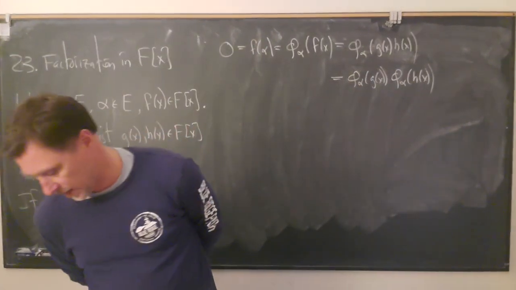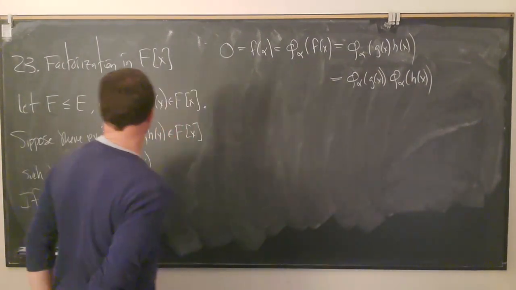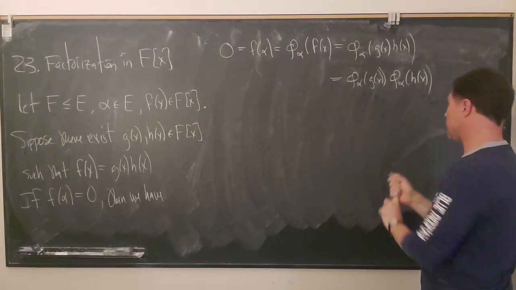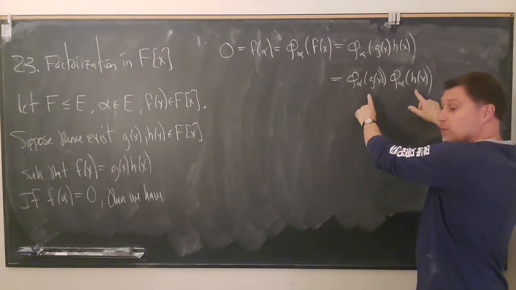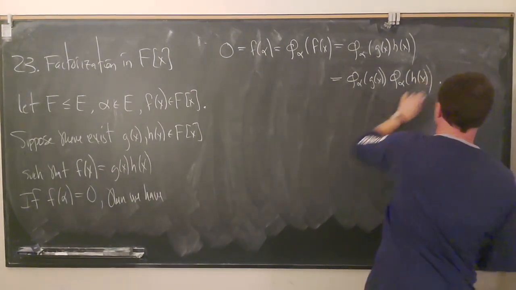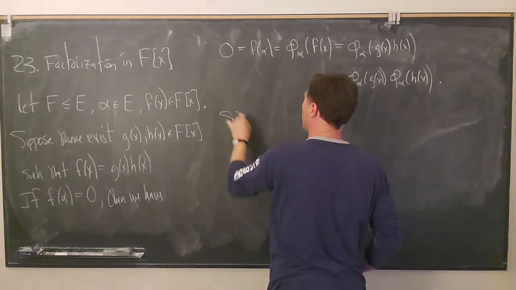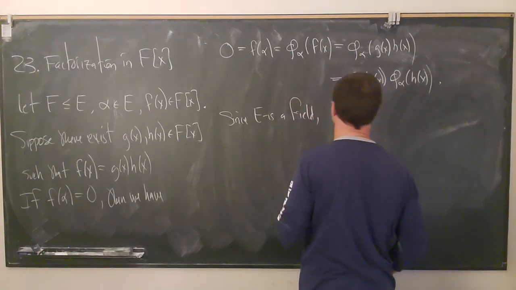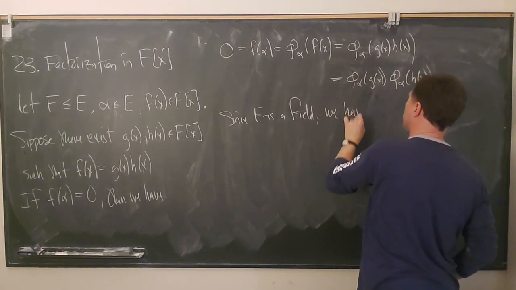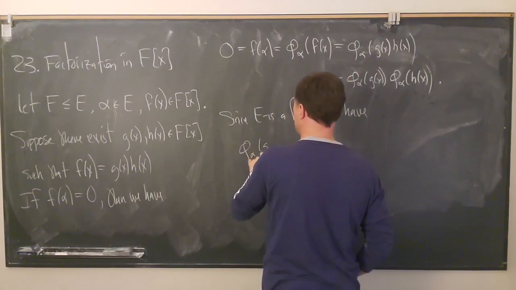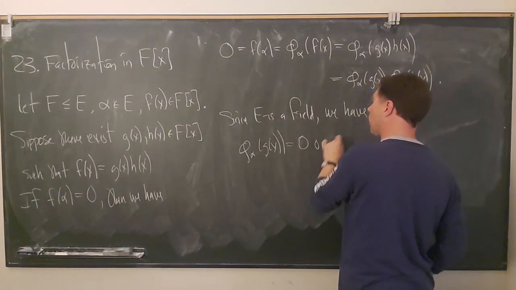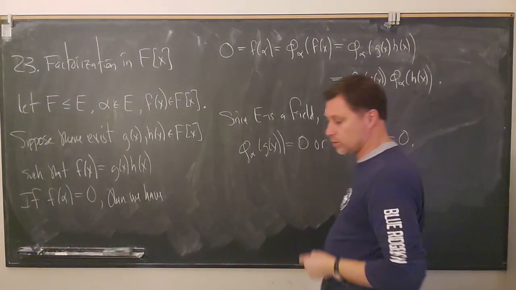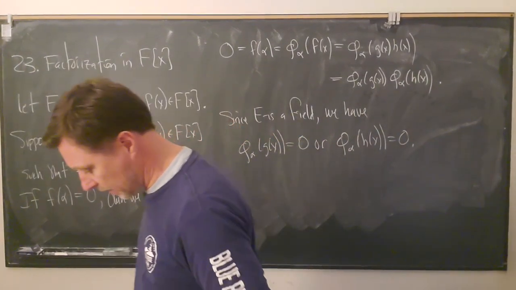And so, what does that tell us? Well, remember this is all happening in E. Since E is a field, which means it's an integral domain, one of these two pieces has to be 0. So phi sub alpha of g of x equals 0, or phi sub alpha of h of x equals 0. One of those two has to be true.